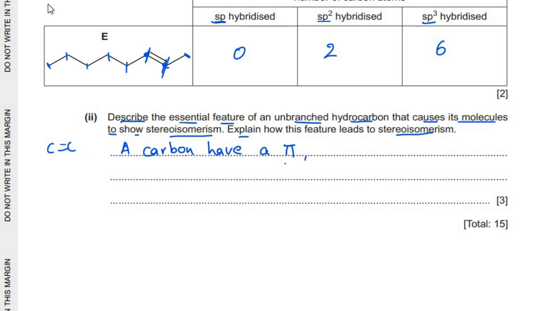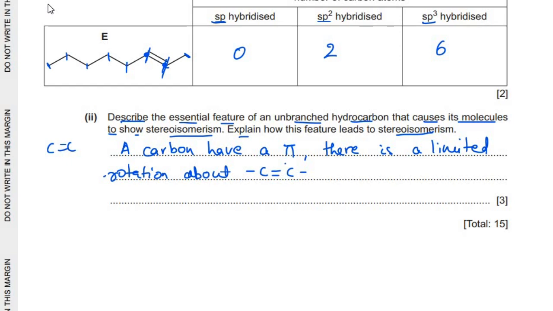So we can write that there is a limited rotation about C double bond C. Why? The reason is that there is a sideways overlap of p orbitals and these orbitals are difficult to rotate, and that's why there is a limited rotation. So because of that, there is a geometric isomerism seen.